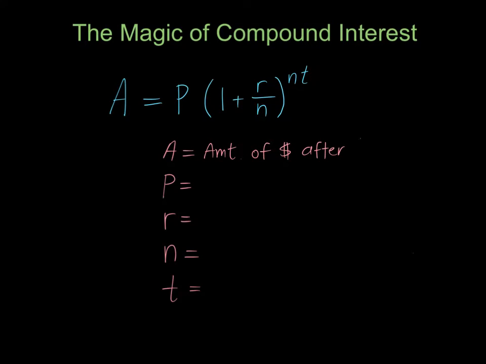So let's just define it like this: the amount of money you'll have after T years. T is how many years you leave your money in the bank. And this formula stands for a one-time lump sum investment, not like a mutual fund where you are going to pay into it every month.